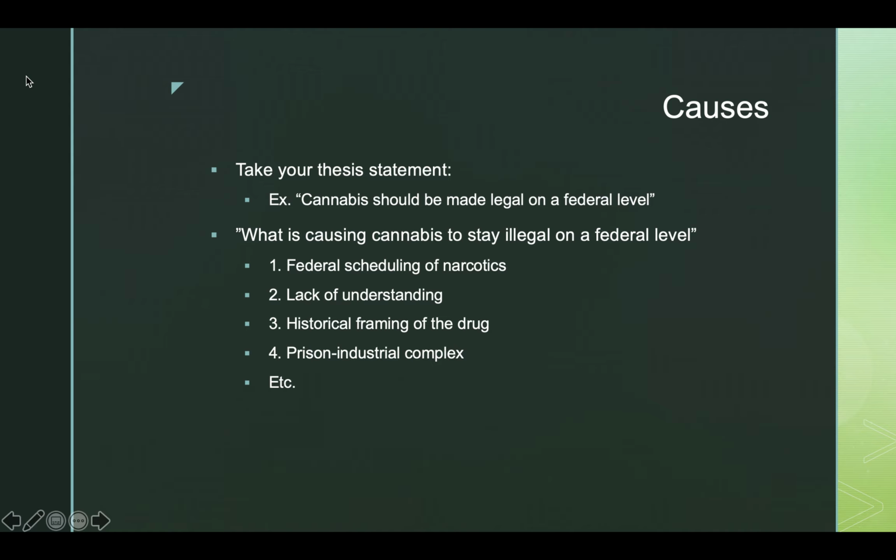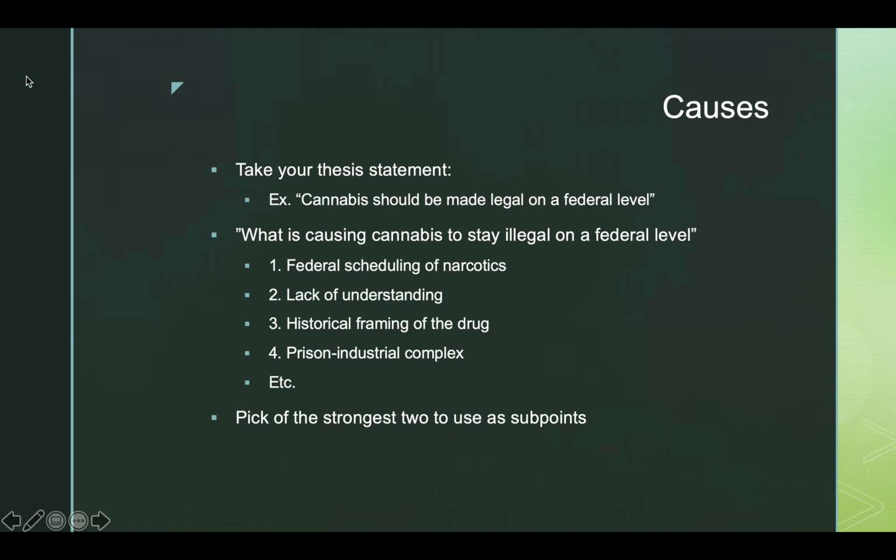So we're going to list all of these different things that are causing our thesis statement to not be true already, and we're going to take, again, the strongest two, and we're going to use them as separate subpoints, because these subpoints are going to be used to support your case for why we should take action as an audience when it comes to the topic that you're presenting us.